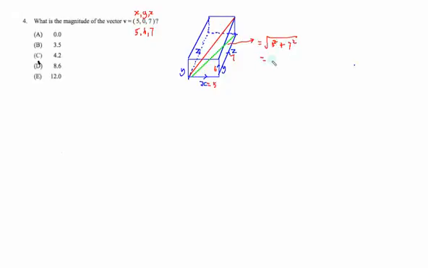Now, to find the magnitude of the resultant of the 3 vectors, 5 units in the x direction, 7 units in the z direction, and 6 units in the y direction.